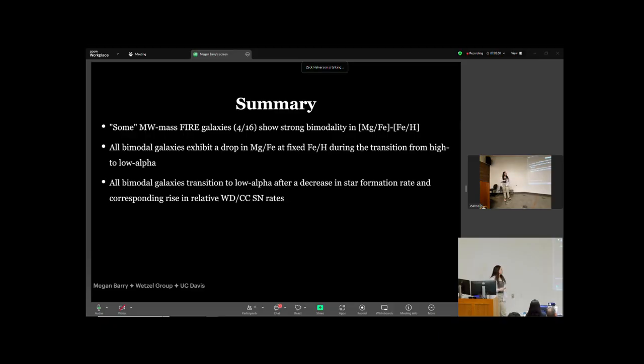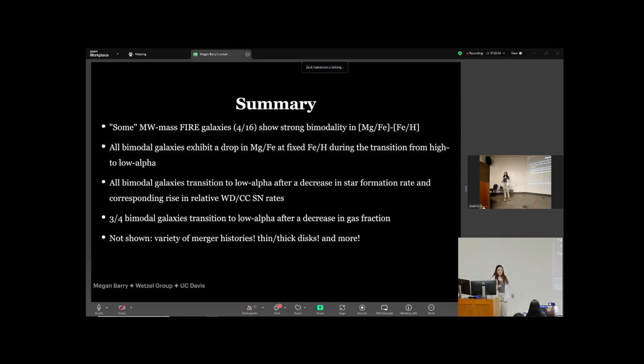They all transition after a decrease in the star formation rate. Most of them have a relatively low gas fraction, and I have much more in my paper I'm hoping to submit before the end of the summer, looking at the thin and thick disks and what the individual merger histories of these galaxies were. There's only one that has a big major merger, the other 3 don't really. And thank you.